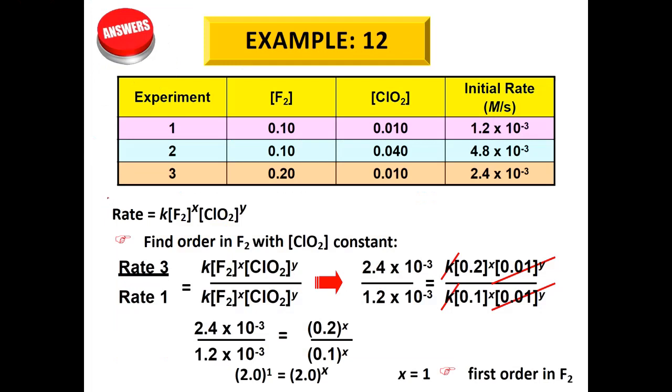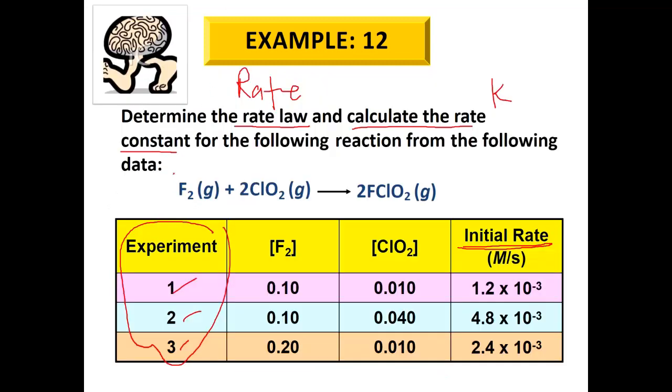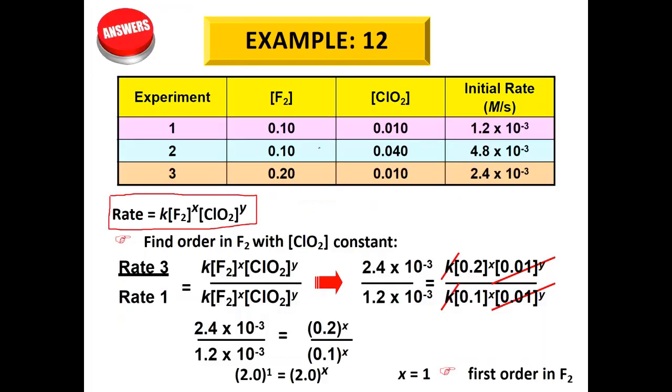Firstly, you have to write this rate. Rate is k [F2]^x [ClO2]^y.